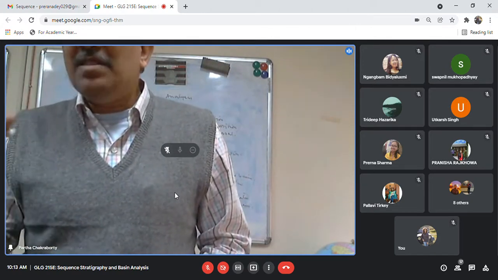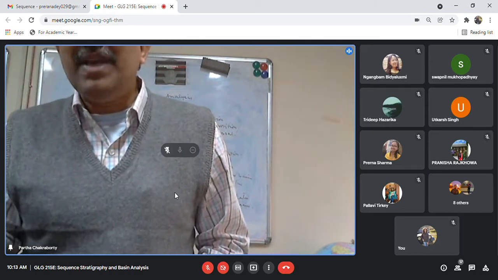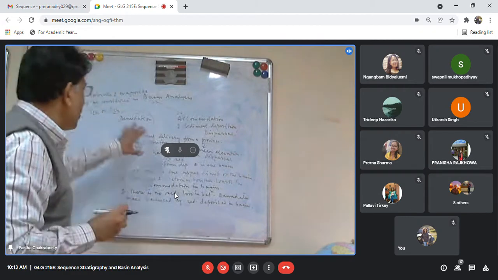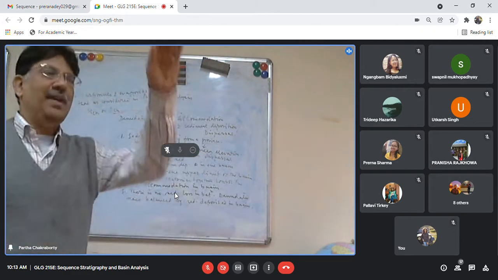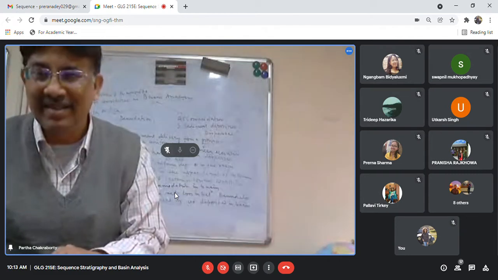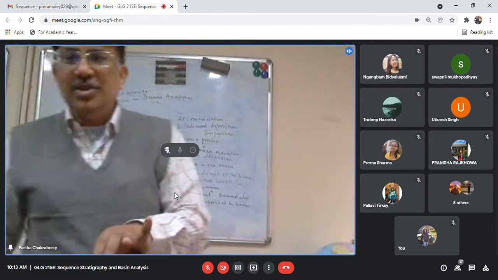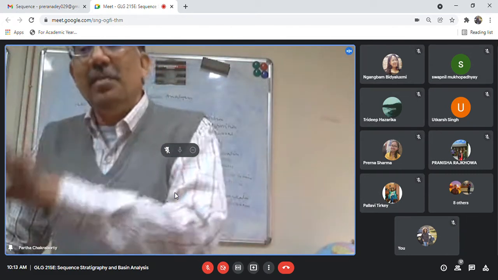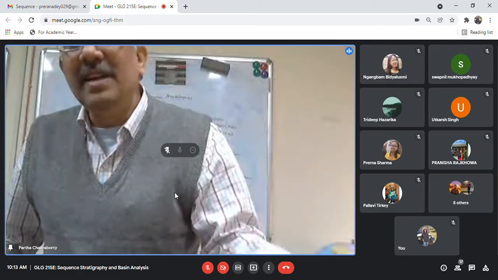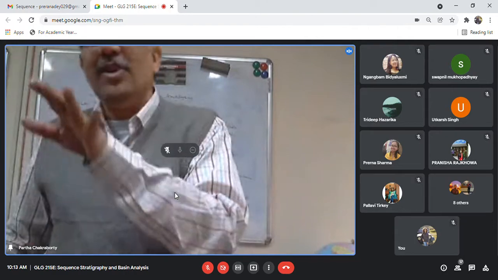There are two: one is mechanical denudation, another is chemical denudation. The mechanical denudation part that I have talked about is uniformly distributed. And what about the chemical denudation part? That will be accommodated by carbonate and evaporite, depending upon whether it is an open basin or a closed basin.